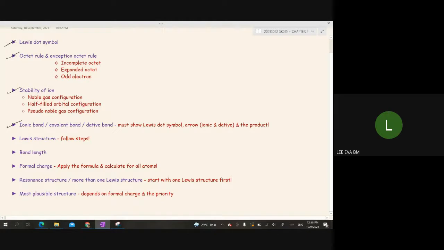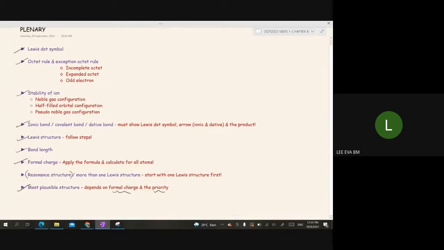And then we look at the Lewis structure, the bond length, the formal charge. For the last two, resonance structures will be continued next hour. And the last one we have talked a little bit about most possible structure, so it depends on formal charge and also priority lah.